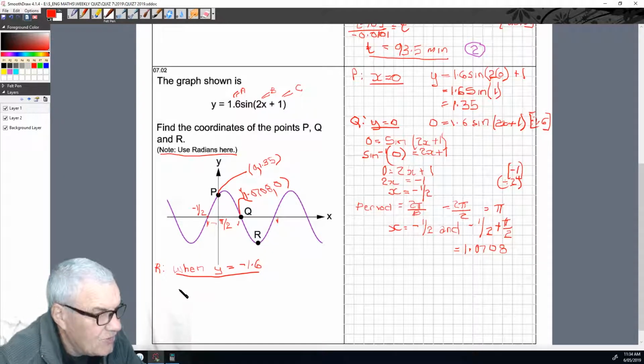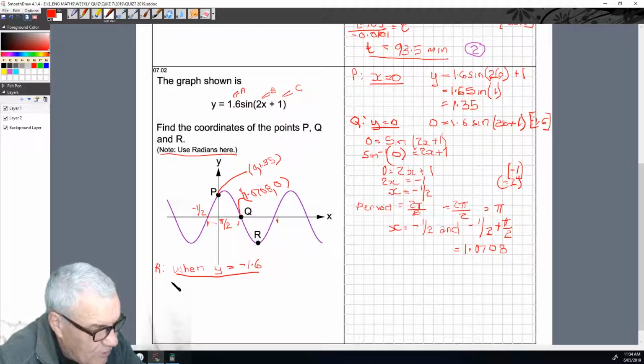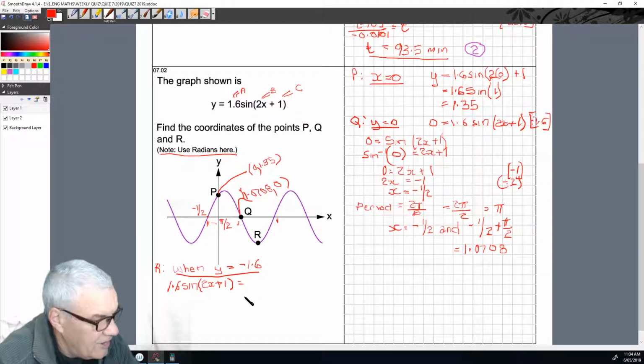So, just writing that down, we get 1.6 sine 2x plus 1 equals negative 1.6.